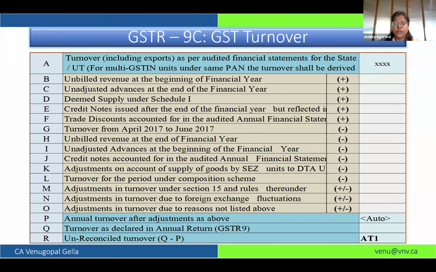in order to derive the GST turnover. Another line item which you will find is deemed supply under Schedule 1. This most commonly comes under multi-GSTN cases where there is a stock transfer or cross charge. As it is Schedule 1, we know that it consists of a few activities treated as supply under GST, even though there is no consideration.